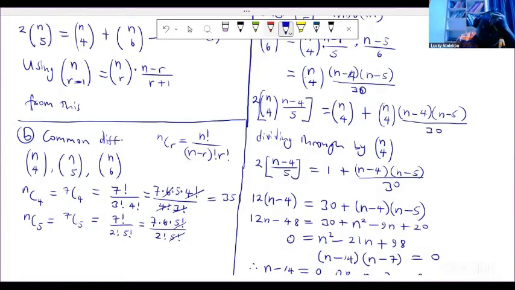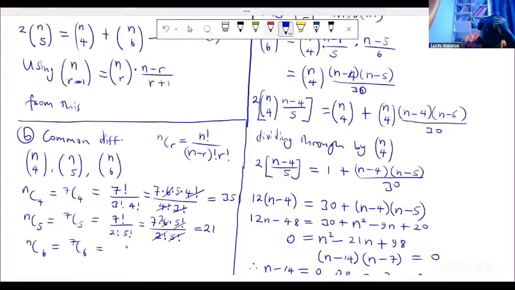That will cancel. 2 can go in 6 3 times. 7 times 3 is 21. Then n combination 6 is 7 factorial over 1 factorial, 6 factorial. This will be 7 times 6 factorial over 6 factorial. 6 cancels 6, so that is 7.